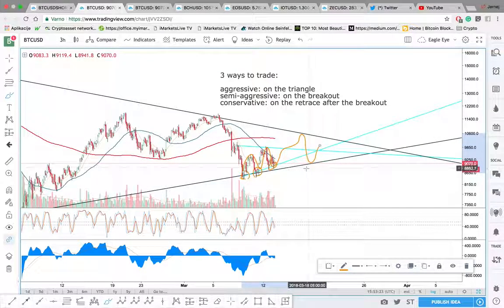So the aggressive one is to decide, okay, I've already decided which way this is gonna go. So if you're going short, you're gonna short here, and if you're going long, you're gonna go long here. So this is really aggressive because you don't have a confirmation yet, right?